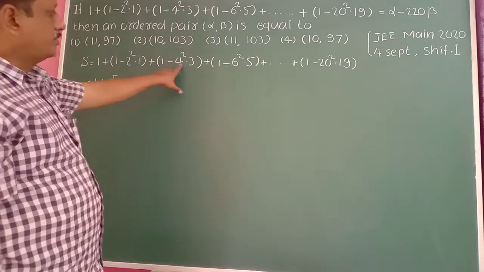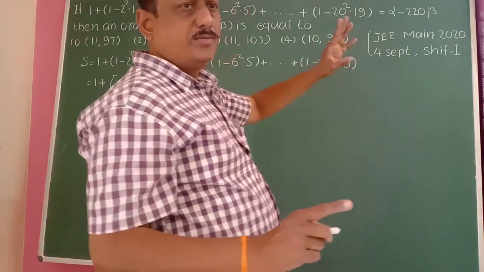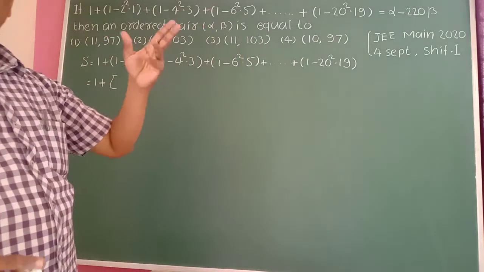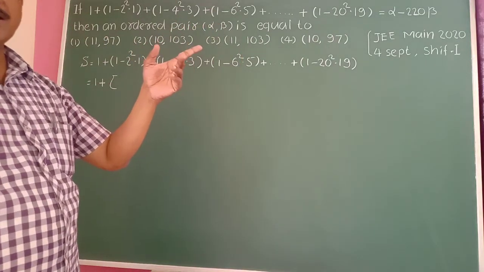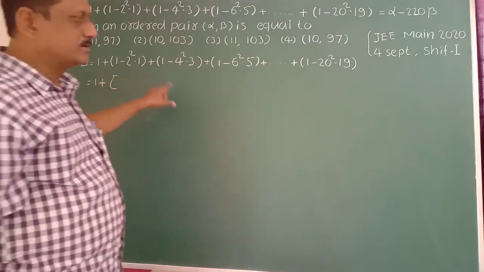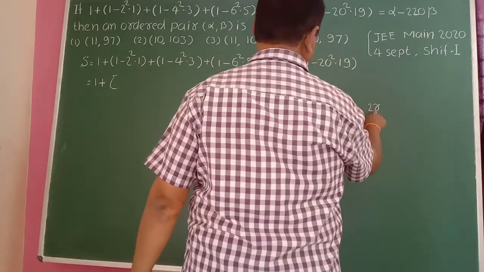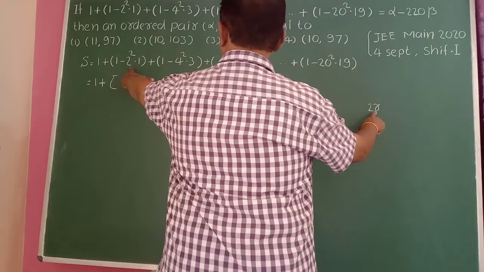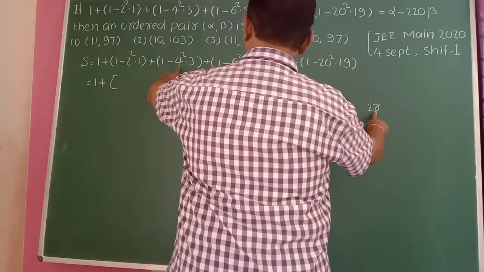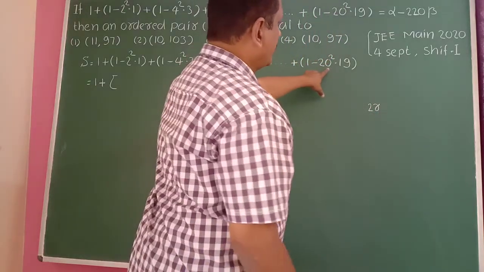2, 4, 6 and so on up to 20. So 2, 4, 6, 8, 10 and total these are 10 terms here. Therefore you can write this one as 2r. Put r equal to 1, it gives 2. Put r equal to 2, we get 4. Put r equal to 3, we get 6. Put r equal to 10, we get 20.